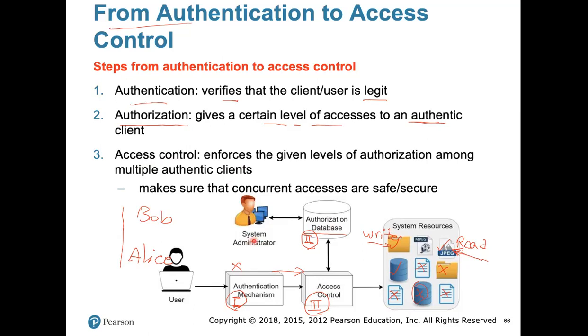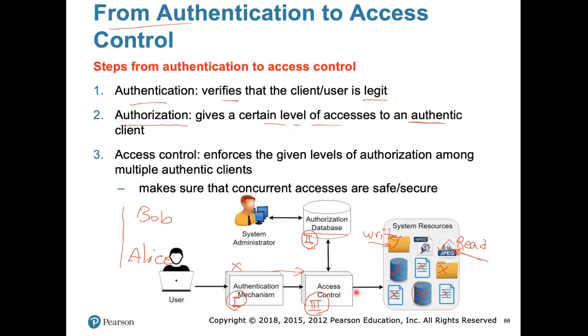Of course, when you have multiple users and multiple resources, the authorization database may grow, and it's not easy to make sure that the authorization decisions made by the administrator will be implemented.